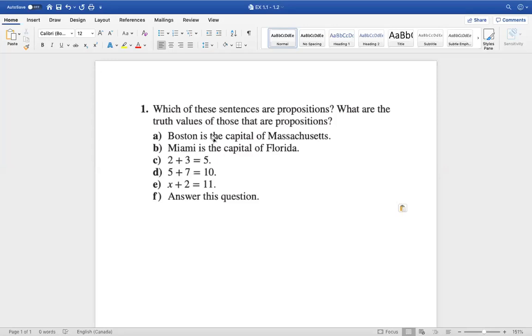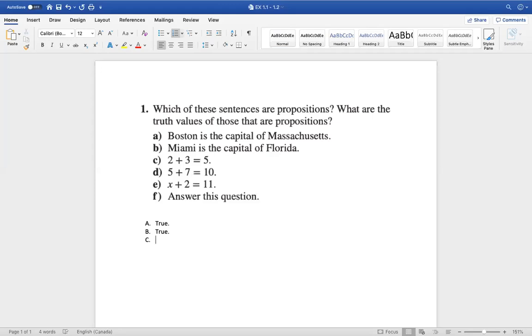Now, same thing for the B part. If we say that Miami is the capital of Florida, this is either true or false. Let me just write the answers for you. So A is true. B is also true because it's either true or false. Now statement C: 2 plus 3 equals 5.